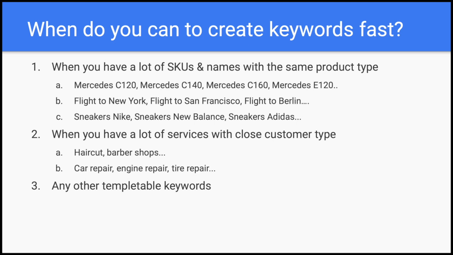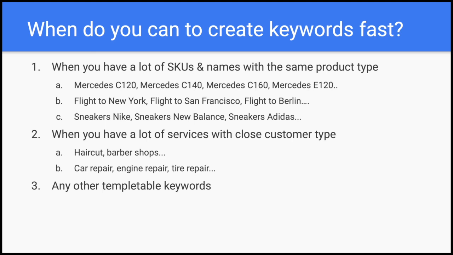For example, if you sell Mercedeses and repair Mercedeses, it's two completely different branches of the same tree, and you don't want to mess them up in one thing. But if you sell a lot of different Mercedeses, you want to generate all the model types. For example, Mercedes C 120, 140, 160, or E model has the same pattern, it just has a different number and a different letter.